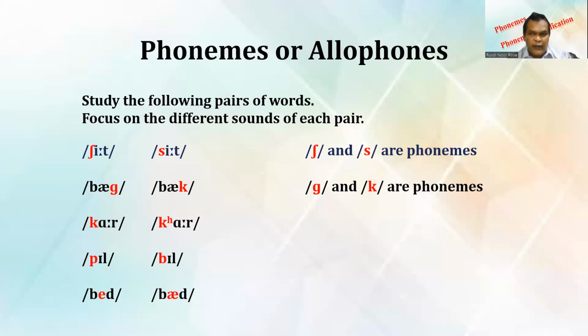Do they have different meaning? No. Okay, very good. They don't have different meaning. So we can conclude that k and aspirated k are allophones because they are two different sounds, but they cannot distinguish meaning.